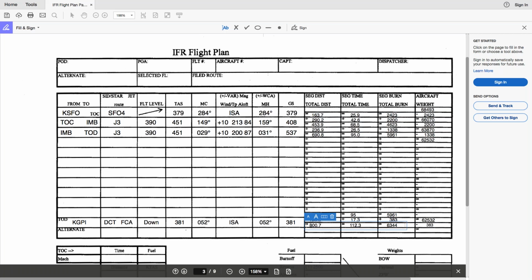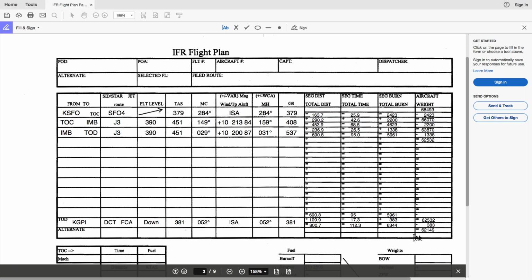Okay. And 62.52 minus 383 is 62.149. Boom shakalaka.